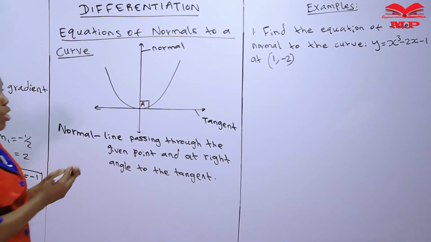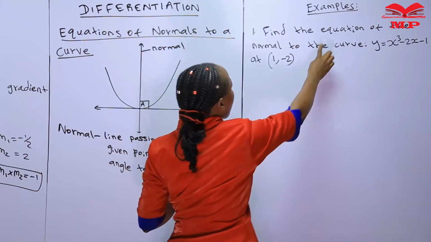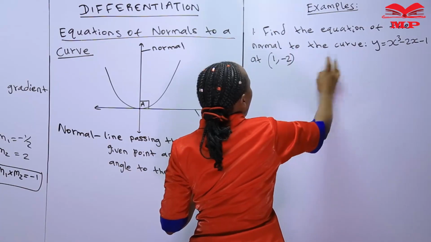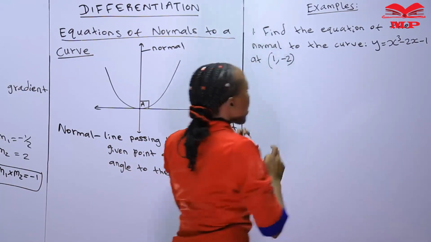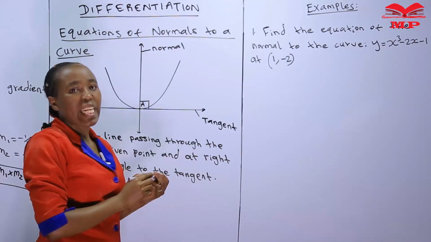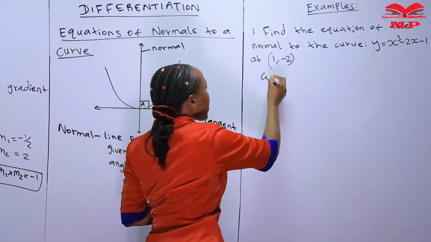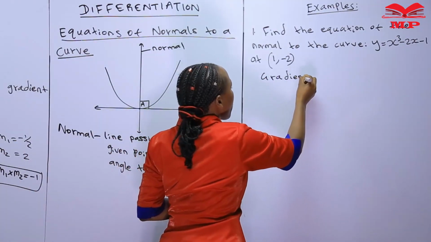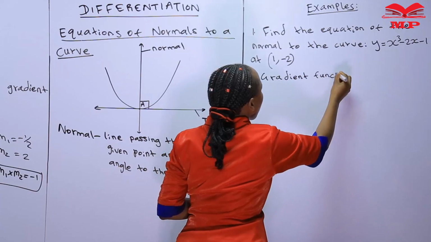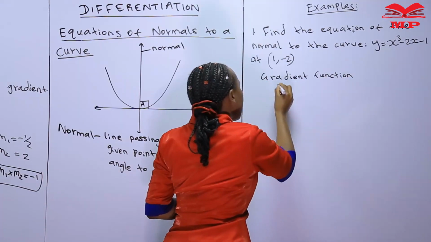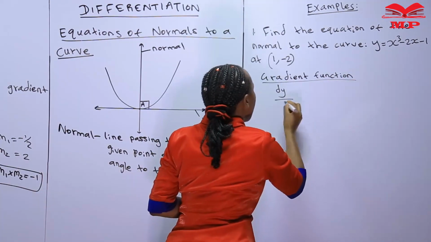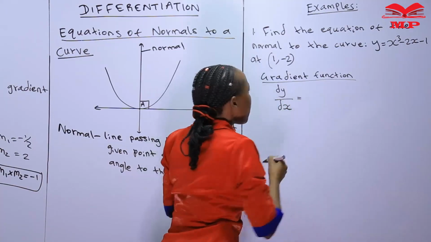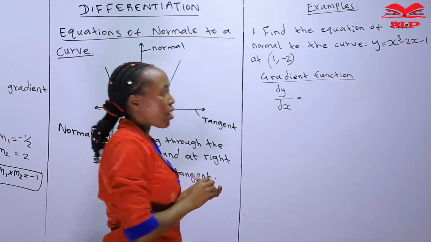Because we want to get the equation of the normal, and we have the curve, the first thing we need is the gradient function, dy/dx. So we need to differentiate.